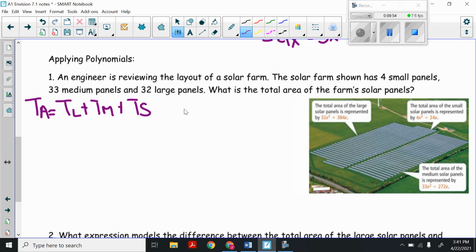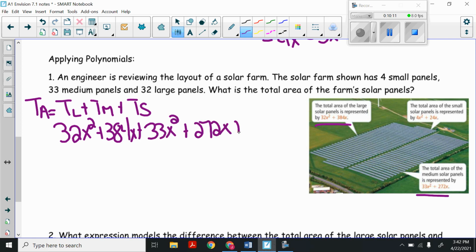So if we come over here, the large, the total area they tell me is 32x squared plus 384x plus, now let's do the medium, 33x squared plus 272x, now plus small, 4x squared plus 24x.